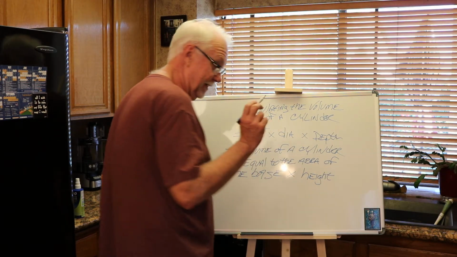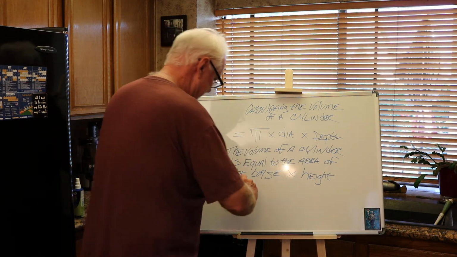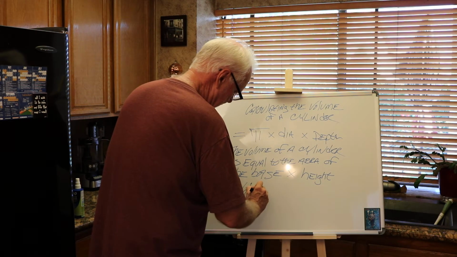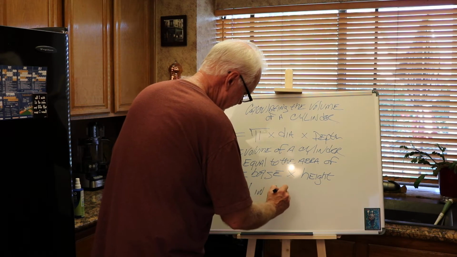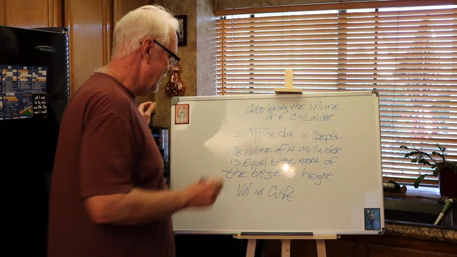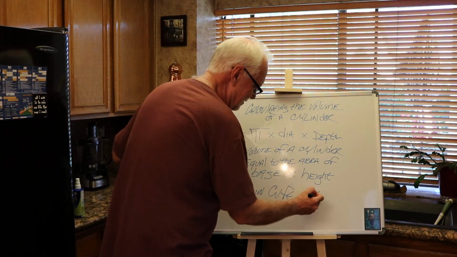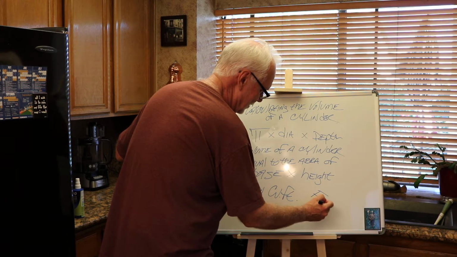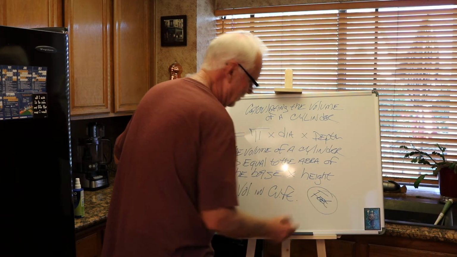Okay, that gives you the volume in cubic feet. Okay, there you go. Keep in mind, everything you're using has to be in feet. If they're not all in feet, you'll get an answer wrong.